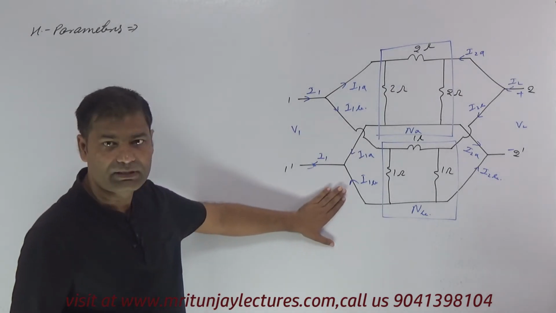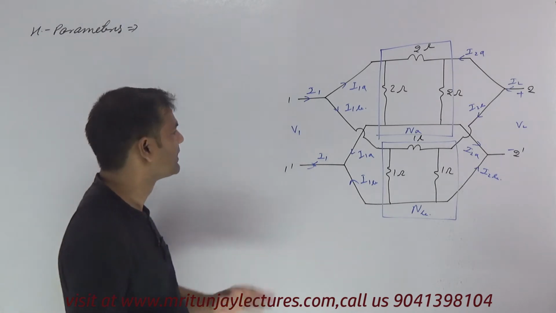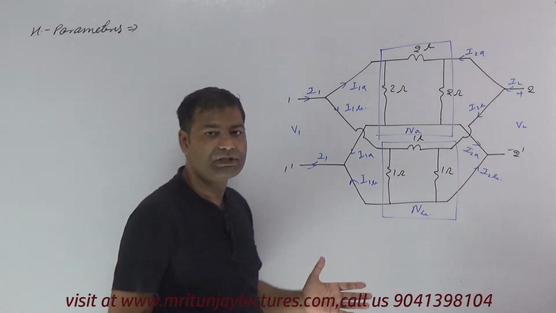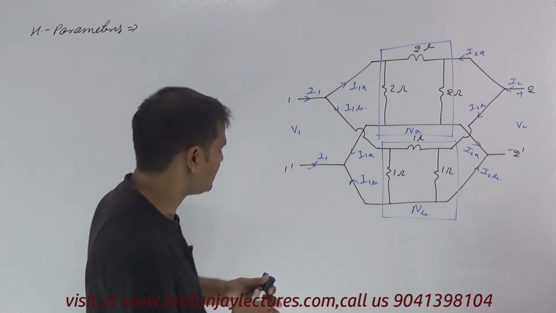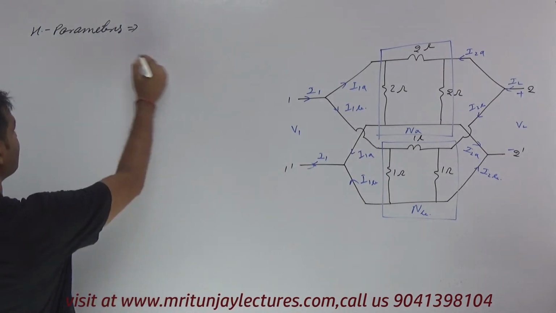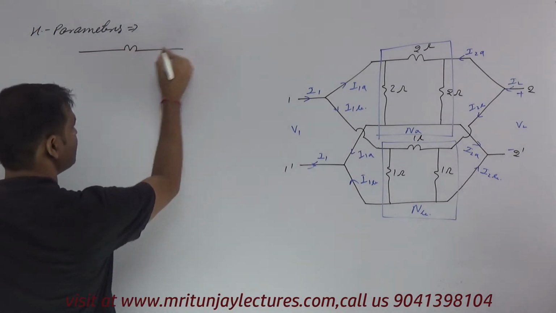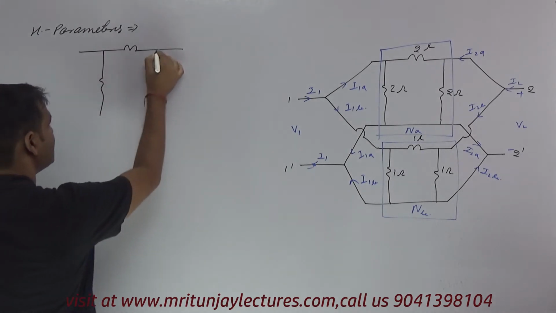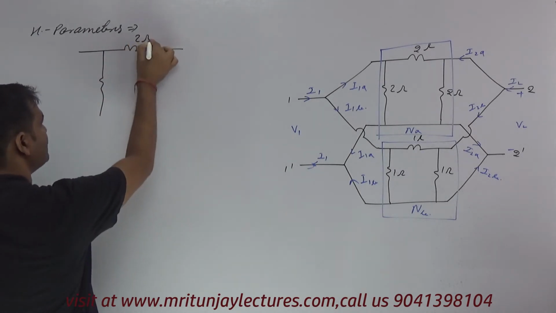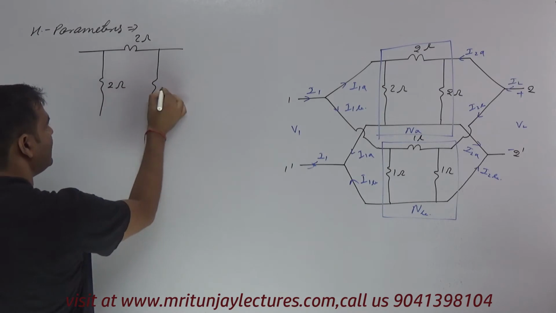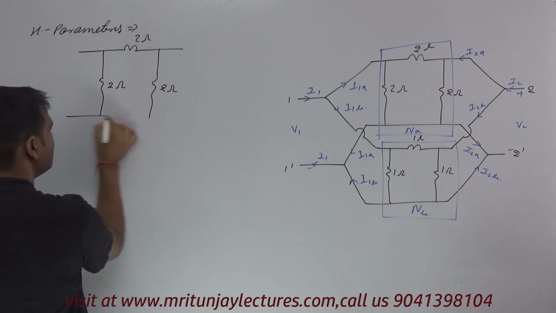So first of all, make the corresponding circuit. Which one is series and which one is parallel? Now network 1. First of all, make another circuit, that is this one and this one, with 2 ohm, 2 ohm, and here also 2 ohm.